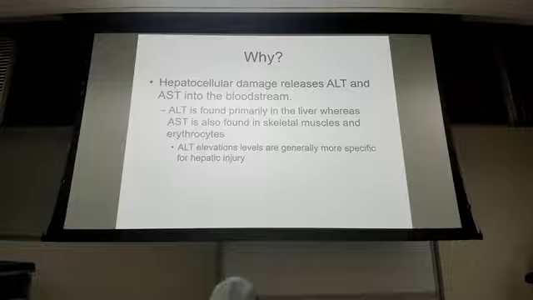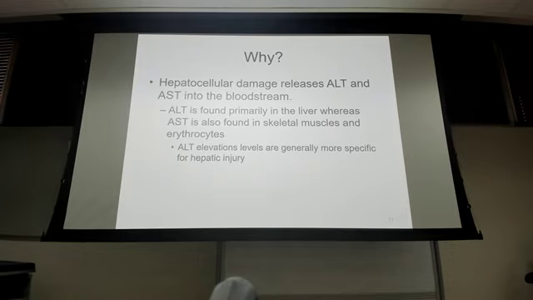It's primarily in the liver, not 100%, but ALT primarily in the liver, and then AST in the skeletal muscle and the red blood cells. That's why ALT, since it's primarily in the liver, which has an L in it, ALT goes with liver.